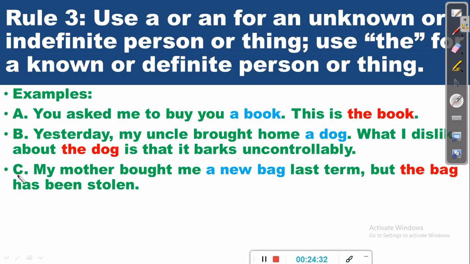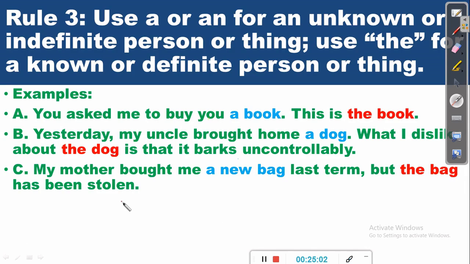Now let's look at example C. My mother bought me a new bag last term. Now, a new bag, because we didn't know about the bag until this first time it is being talked about. My mother bought me a new bag last term. Then still talking about this same item, we can now use the definite article.